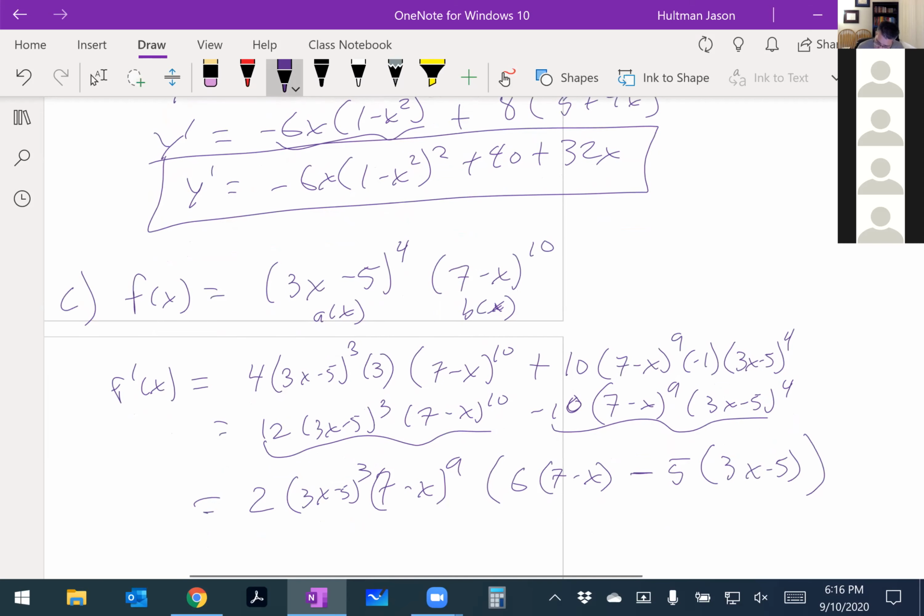Oh, minus 15x plus 25. So this becomes 2 times 3x minus 5 cubed times 7 minus x to the 9th times 67 minus 21x. And that's it. We get 4 factors for our derivative. It's kind of nice.